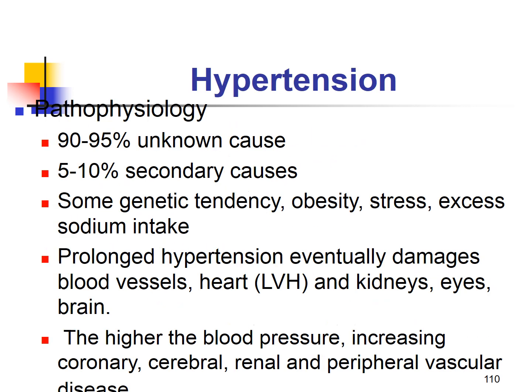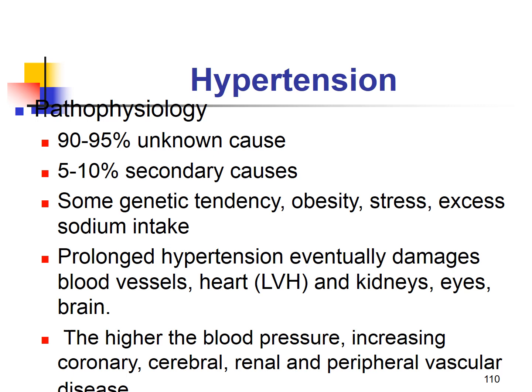Next slide. Hypertension. In 90 to 95% of the cases the cause is unknown. 5 to 10% are due to secondary causes. There is some genetic tendency, obesity, stress, and extreme excess sodium intake.